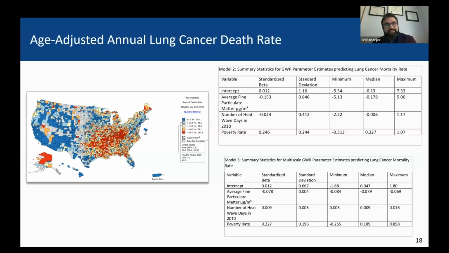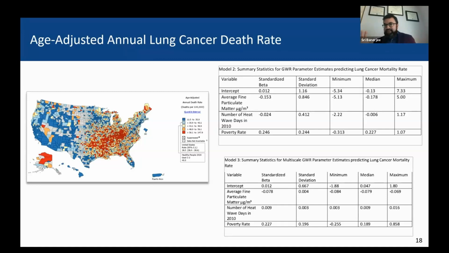The first thing that was run is a global model, the ordinary least squares regression, the results of which I did not have space to fit on here, but which indicated a significant relationship. However, through Monte Carlo methods, a spatial variability test was conducted as well.